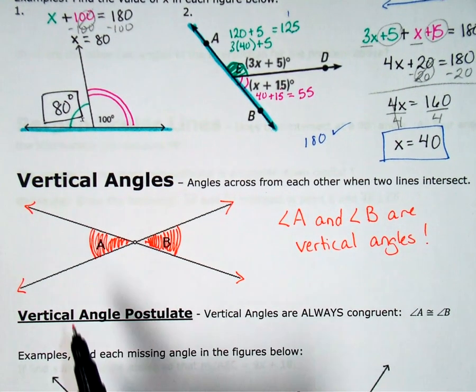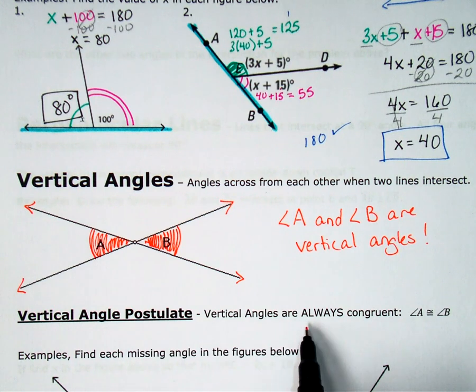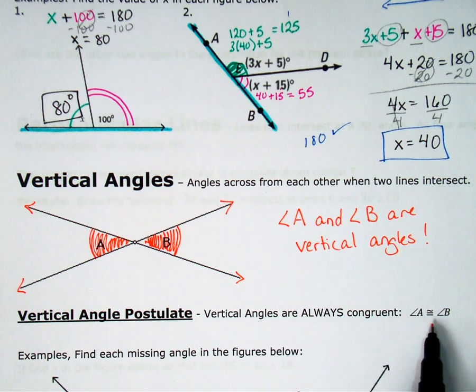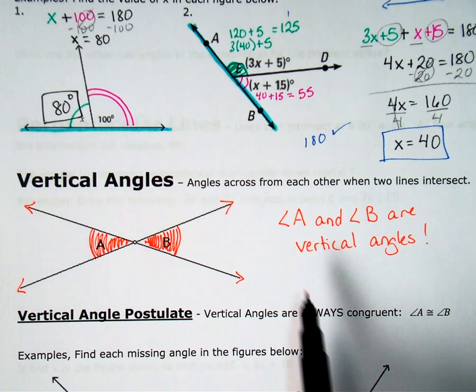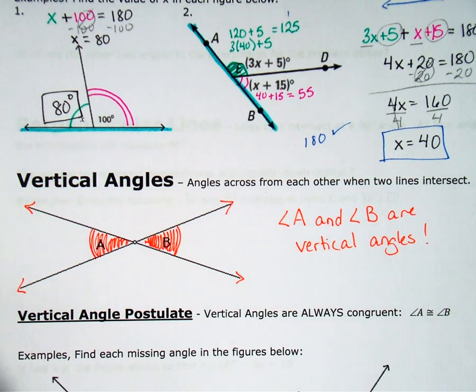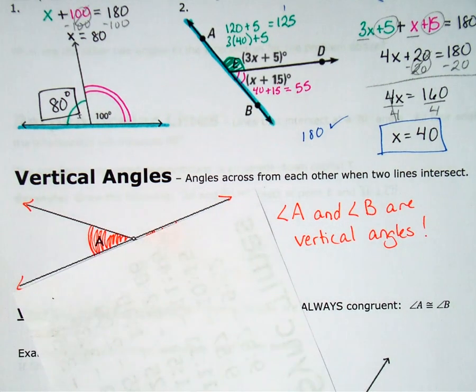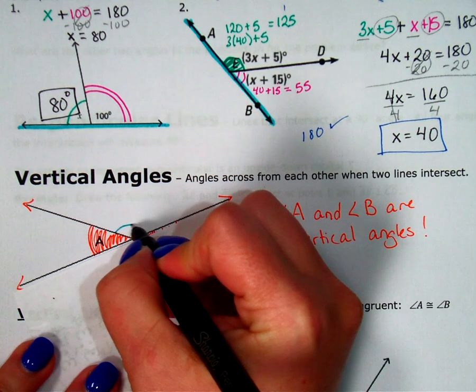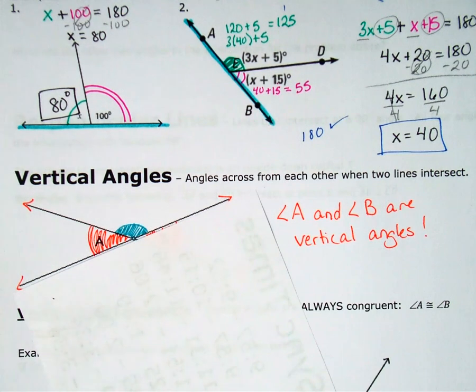Okay, so then we have this next sentence that says vertical angle postulate. Vertical angles are always congruent. Angle A is congruent to angle B because we said A and B are vertical angles. The reason is, we just talked about linear pair, right? If I look here, I would have a linear pair if I looked at angle A and this one over here that's not marked, which I'm going to color in teal.